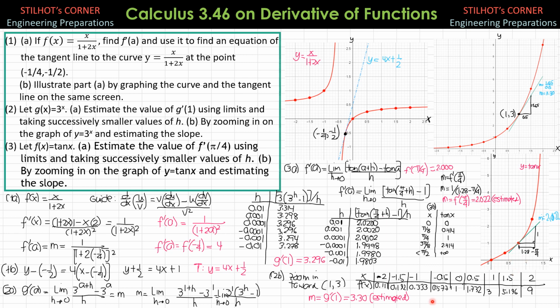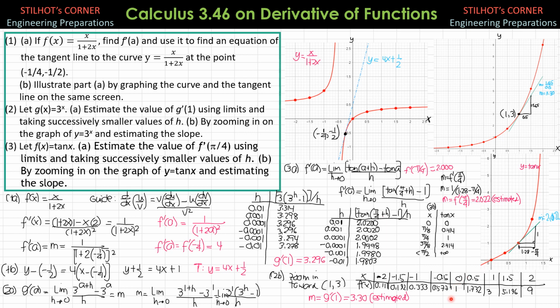Remember, the graph of tangent x looks like this. It is negative infinity when x approaches negative pi over 2 from the right, then it is approaching positive infinity when x approaches pi over 2 from the left.